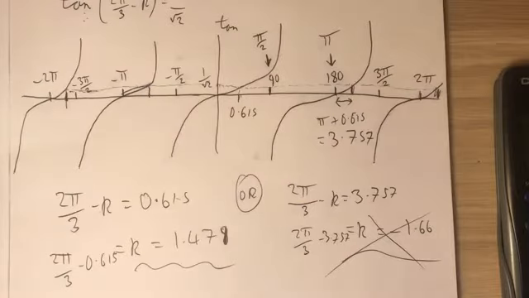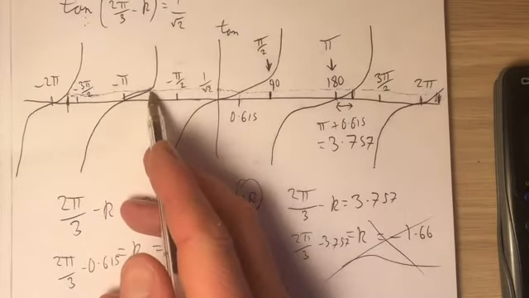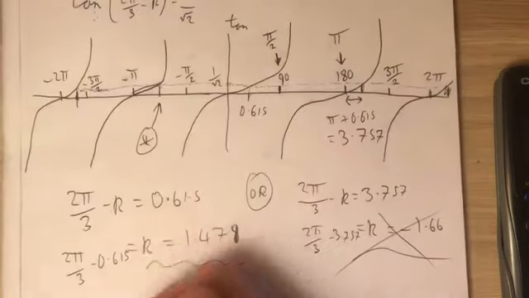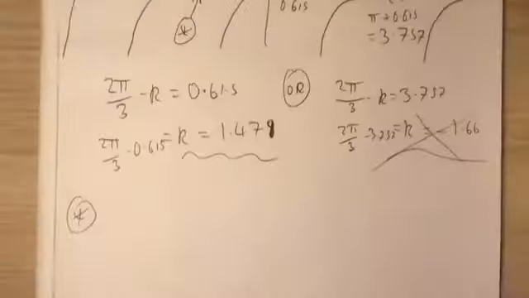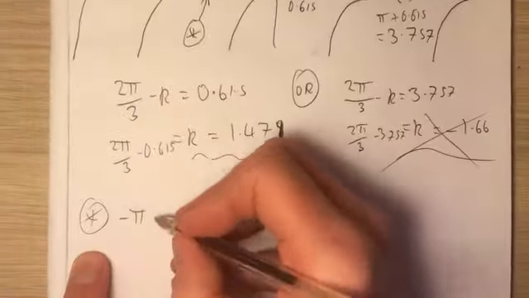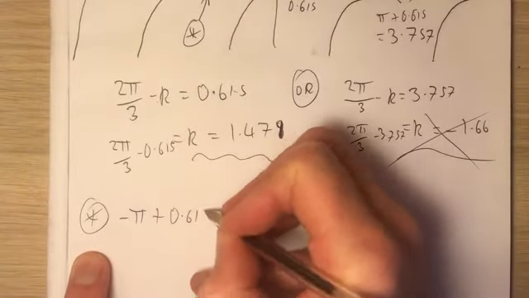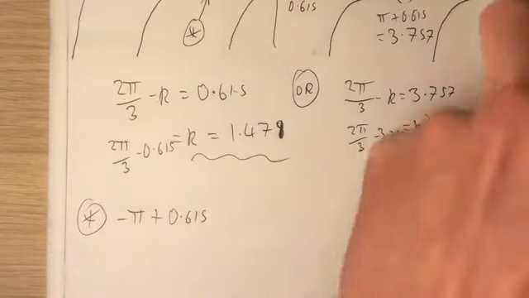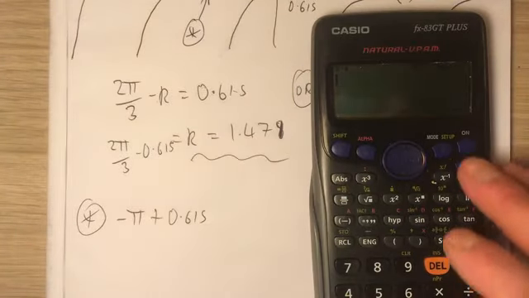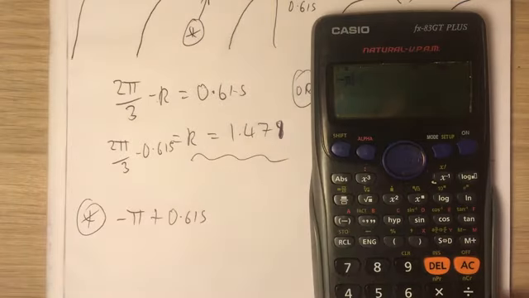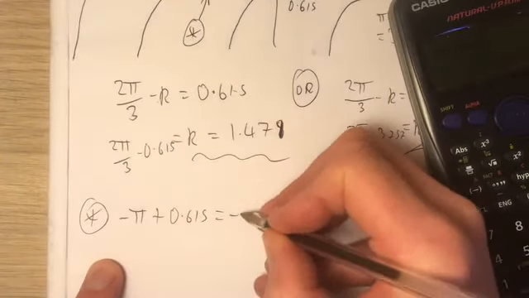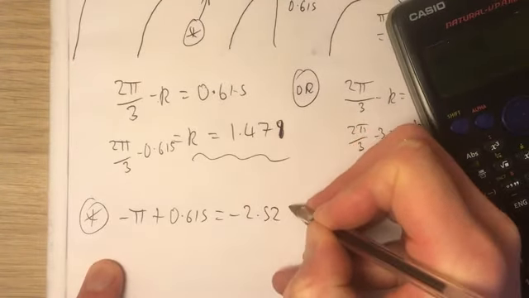Okay, so what do I need to do? I need to go backwards instead and look at this one. Let's call it star. Star is going to be at minus pi, so that there is minus pi plus 0.615. So type that into the calculator. Minus pi plus 0.615 is going to be negative 2.527.